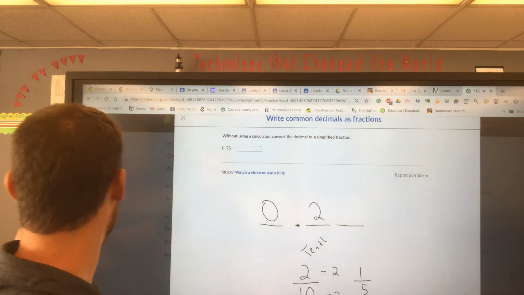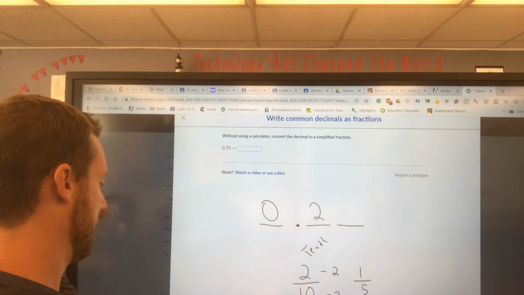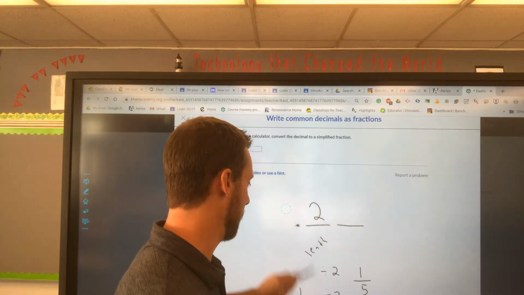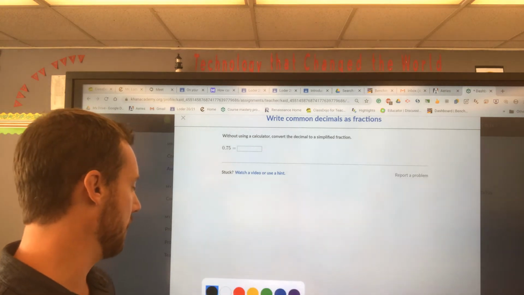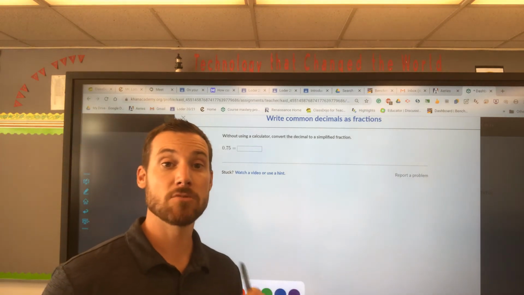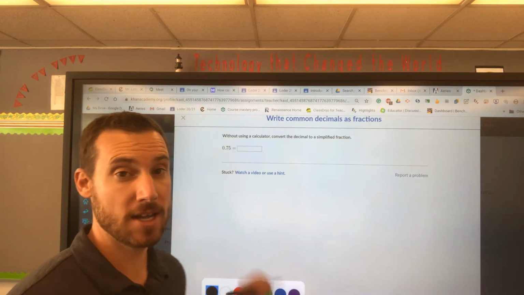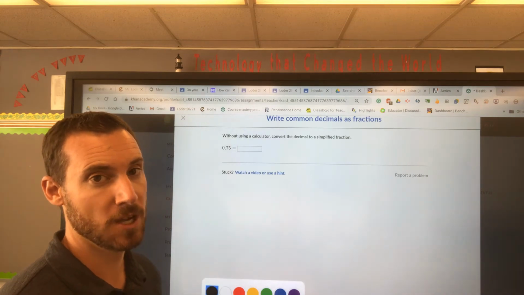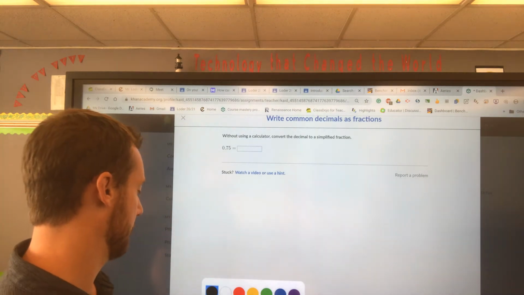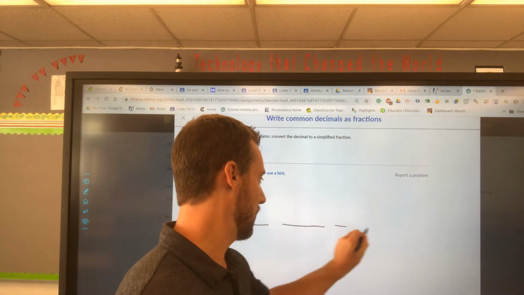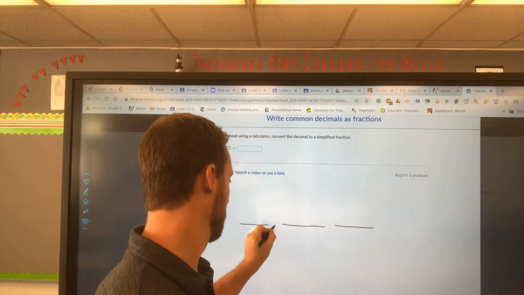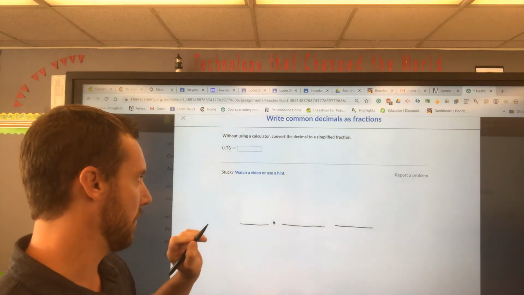Okay, good. We have one that's going to end in the hundredths place, right? So let's set up our value chart. Please write down everything that I am writing down on the board in your notebook so you can use it on tests. So let's go ahead and write our number values.